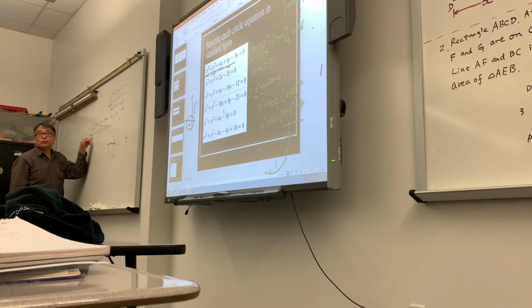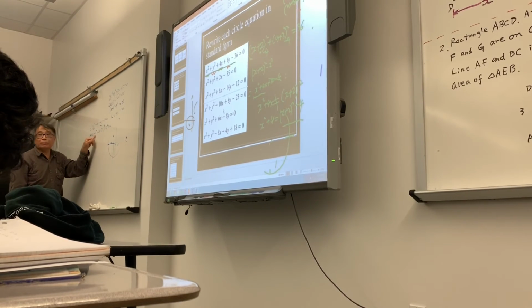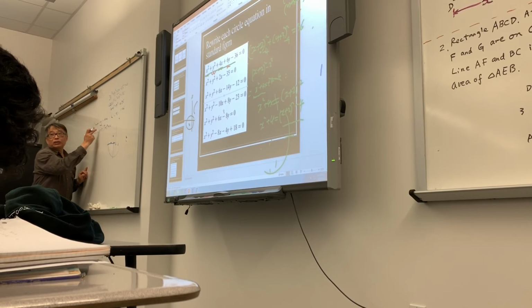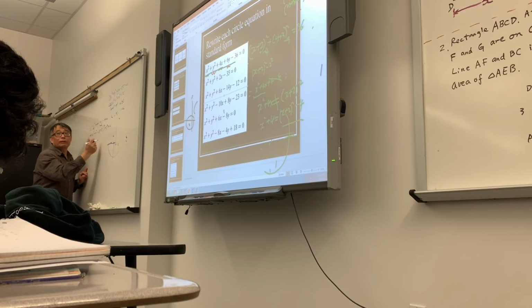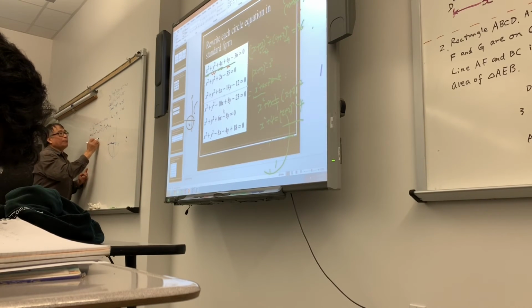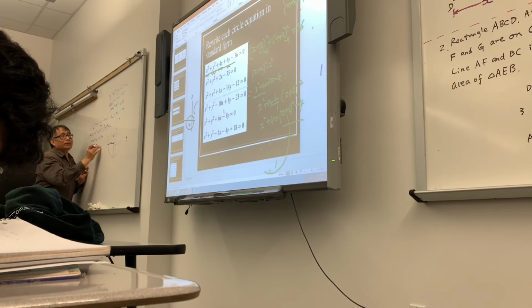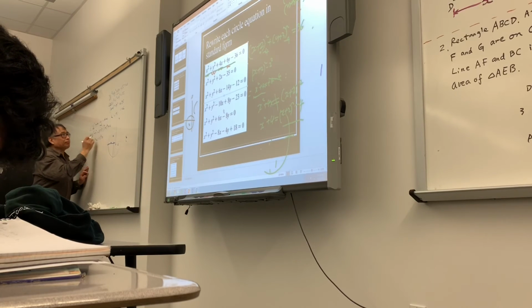6 divided by 2 is 3. Put 3 in the parentheses, squared. Don't forget, minus 3 squared. Negative 14 over 2 is negative 7 in the parentheses. Don't forget, minus 7 squared. Now (x plus 3) squared plus (y minus 7) squared, negative 9, negative 49, negative 58. Is it correct?